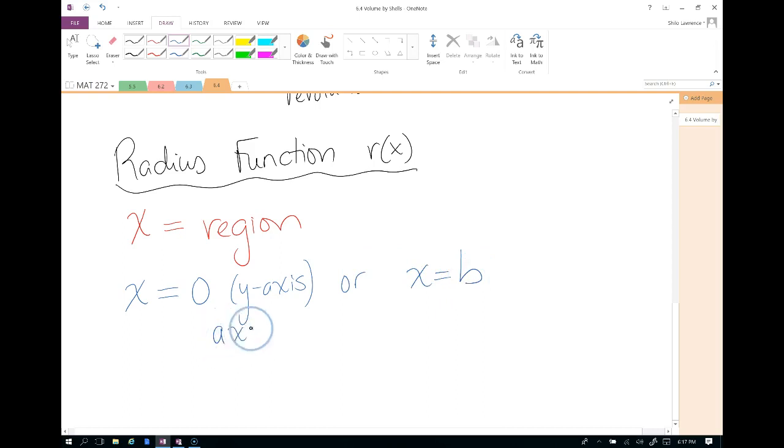But this is our axis of revolution. We need these two pieces of data, and it's nice to have them drawn. Figuring out your radius function is going to be a lot easier if we actually have them drawn on a graph. These are the two things you need to look at: where your region is situated and where your axis of revolution is situated.